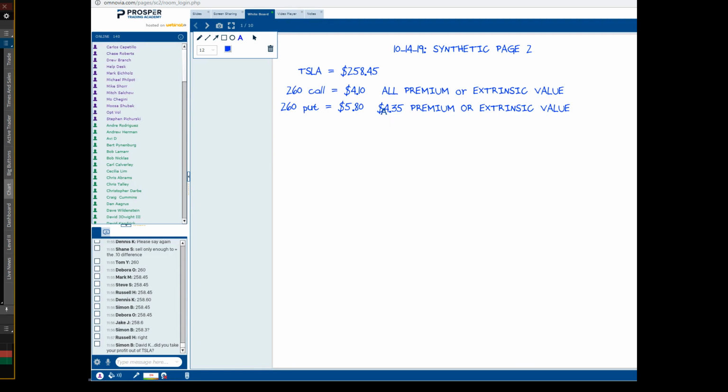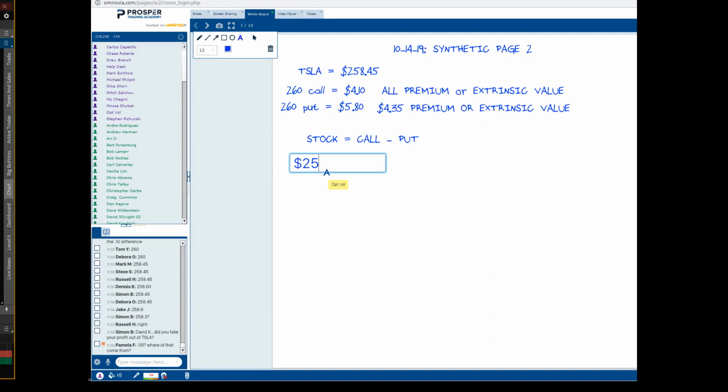So let's put this all into the mathematical equation, okay? Remember, stock equals call minus put, okay? So we have 258.45 on that side of the ledger, right?